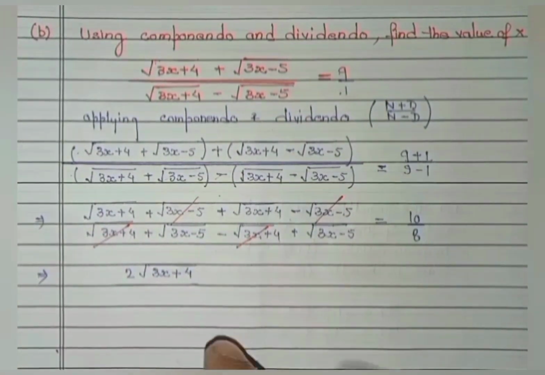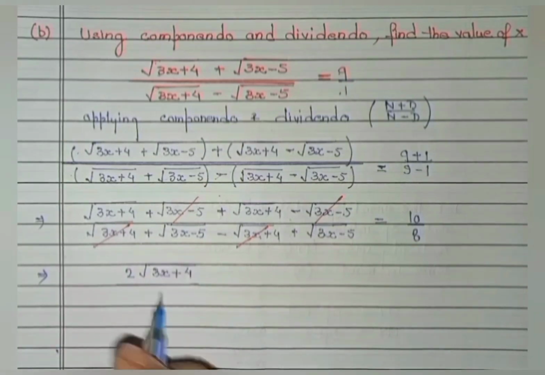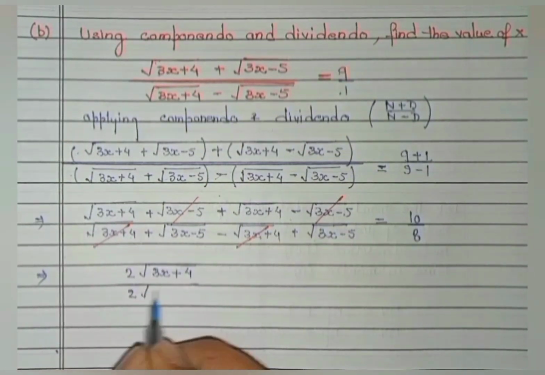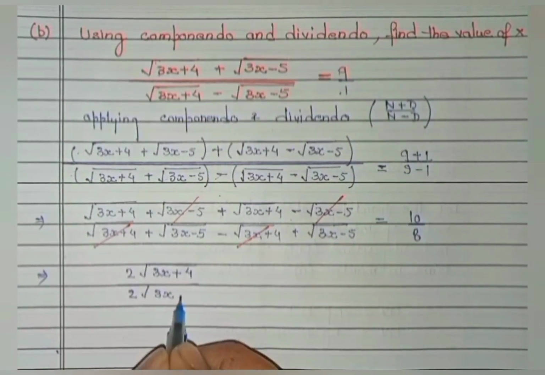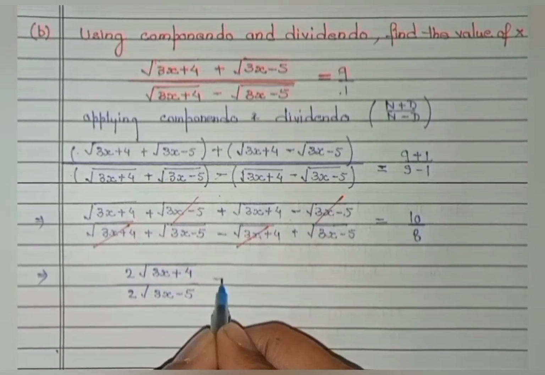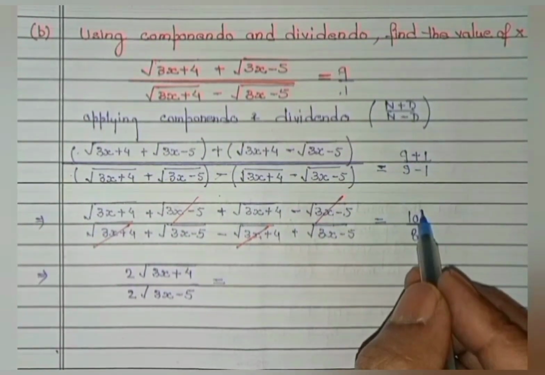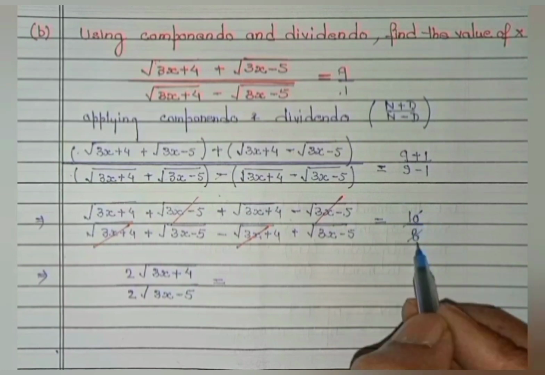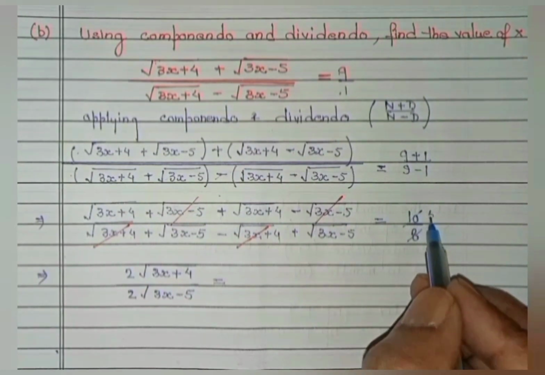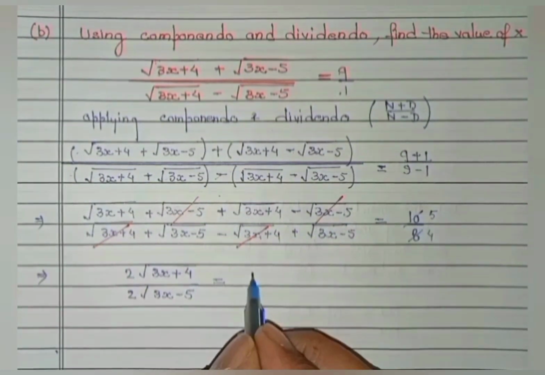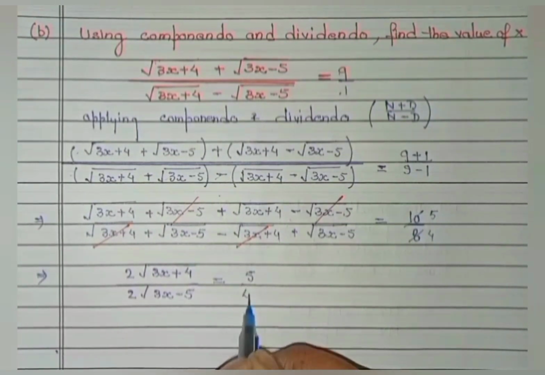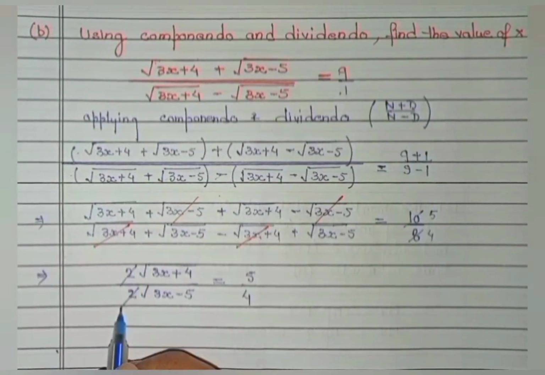In the denominator place, again you are getting it twice, so you can write twice root of 3x minus 5. On the right side, this 10 upon 8 can be reduced and written as 5 upon 4. This 2 will cancel out.